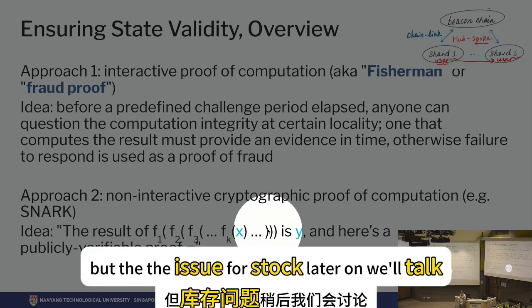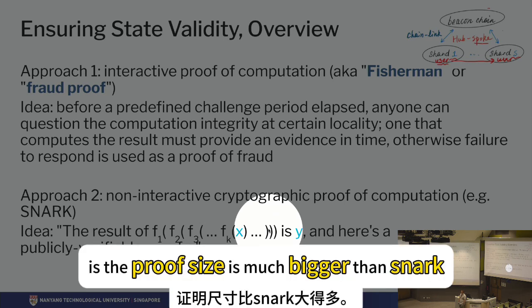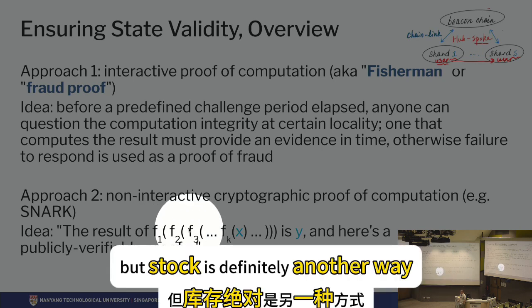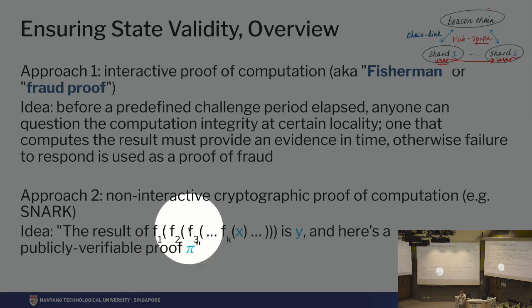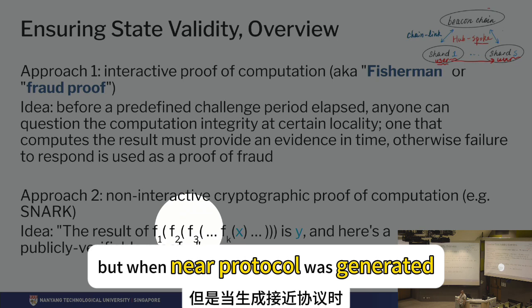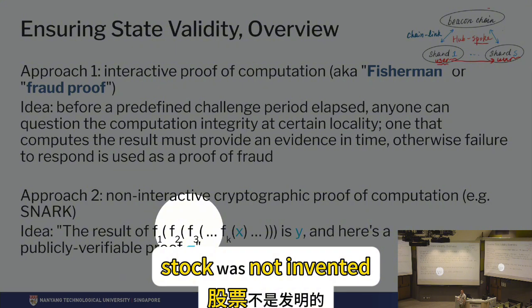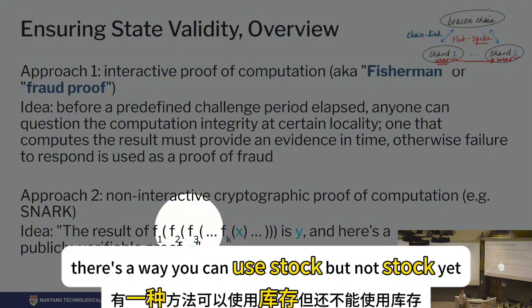But the issue for STARK, which we'll talk about in detail later, is the proof size is much bigger than SNARK. But STARK is definitely another way. When Near Protocol was created, STARK was not invented. That's why you can use SNARK, but not STARK yet.